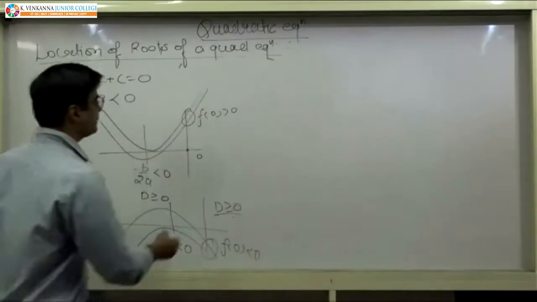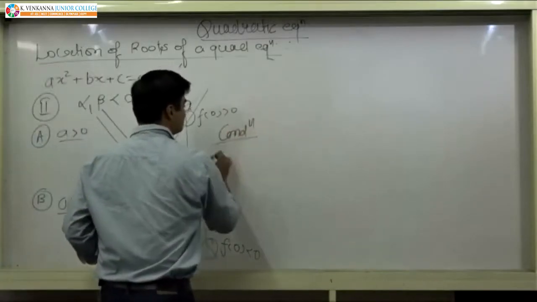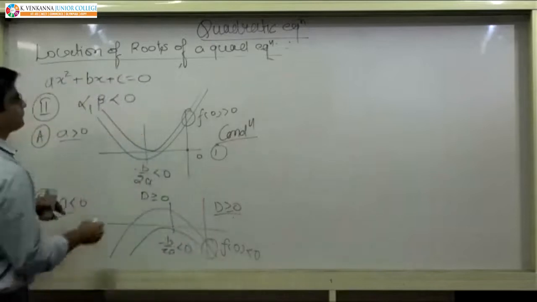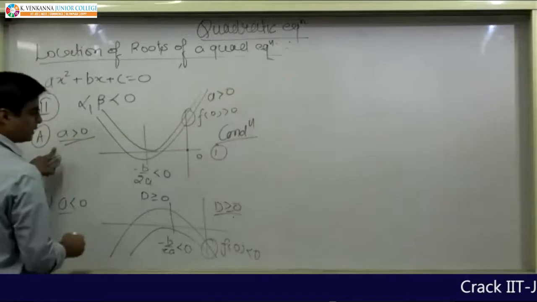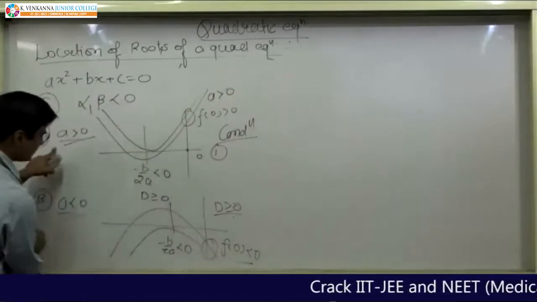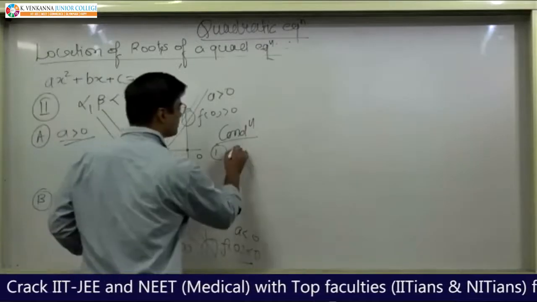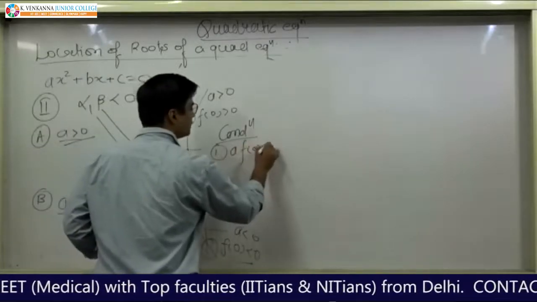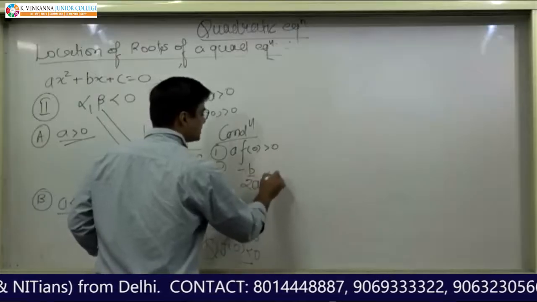So if you combine, then what condition will you get? Now, f of 0 is positive when a is positive. F of 0 is negative when a is negative. That means both are of the same sign. So a times f of 0 is greater than 0. Second, minus b by 2a is lesser than 0.